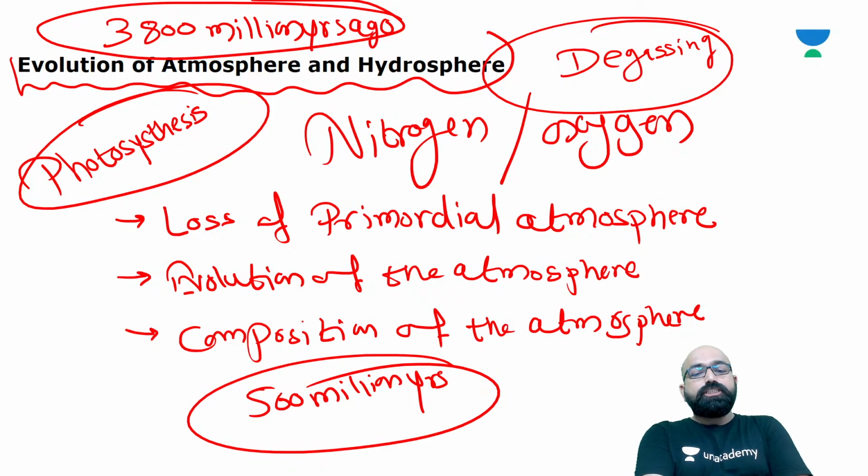So, oceans began to have the contribution of oxygen through the process of photosynthesis. Eventually, oceans were saturated with oxygen, and 2000 million years ago, oxygen began to flood the atmosphere.